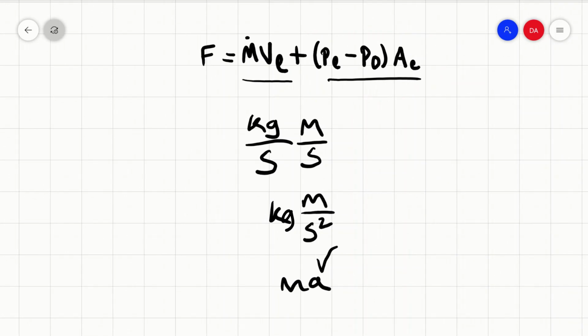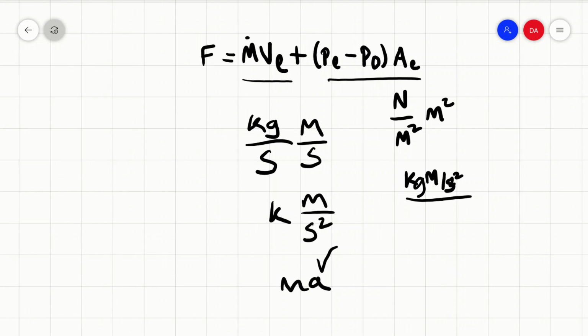Pressure is newtons over meters squared, and area is just meters squared. Newtons are kilograms times meters per second squared.